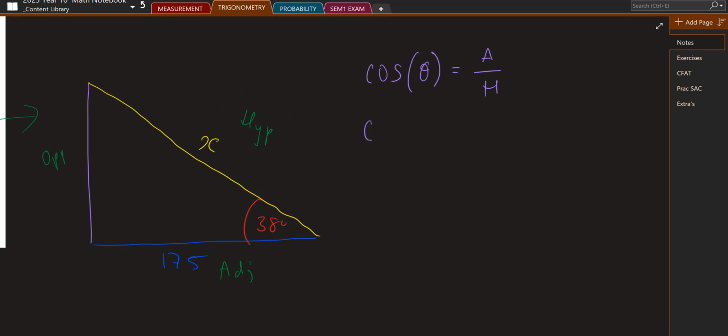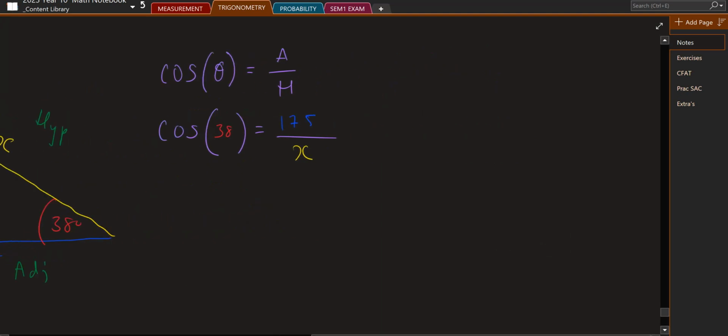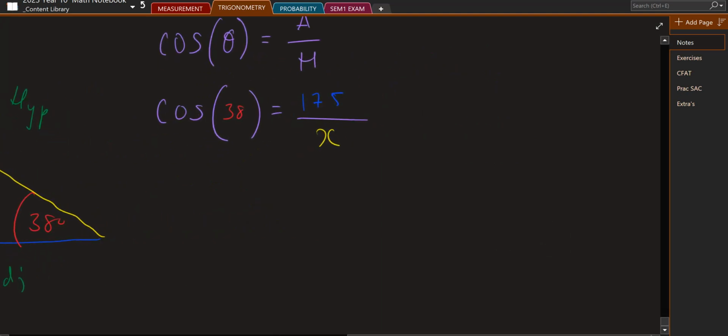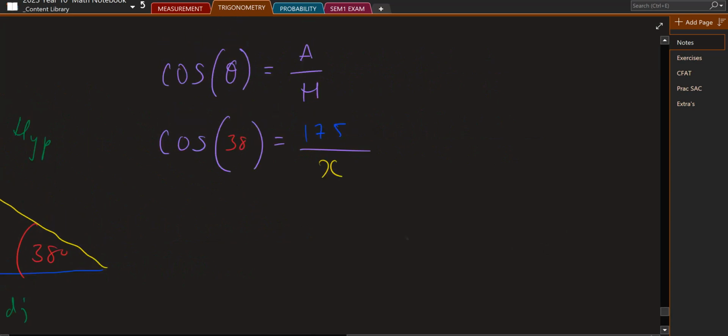So let's use that ratio. All right, so cos of the angle, which in this case is 38 degrees, is equal to my adjacent, I can see here, is 175. So that's 175 over my hypotenuse, which in this case is the unknown and the thing that I'm looking for. All right, so now if you come across an equation like this, remember back to what we learned when we were doing these questions.